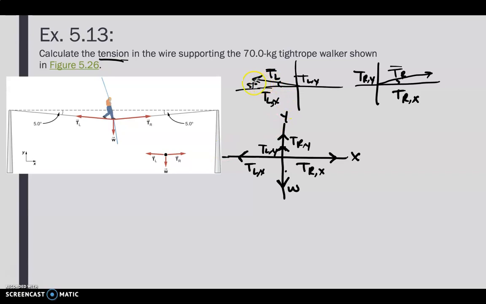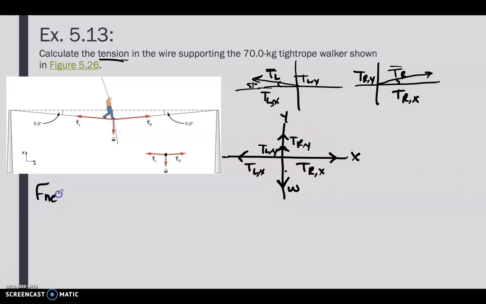Okay? So we want to find the tension in the wire. So again, I said that our tension should be equal to our weight, right? So let's start with that idea.